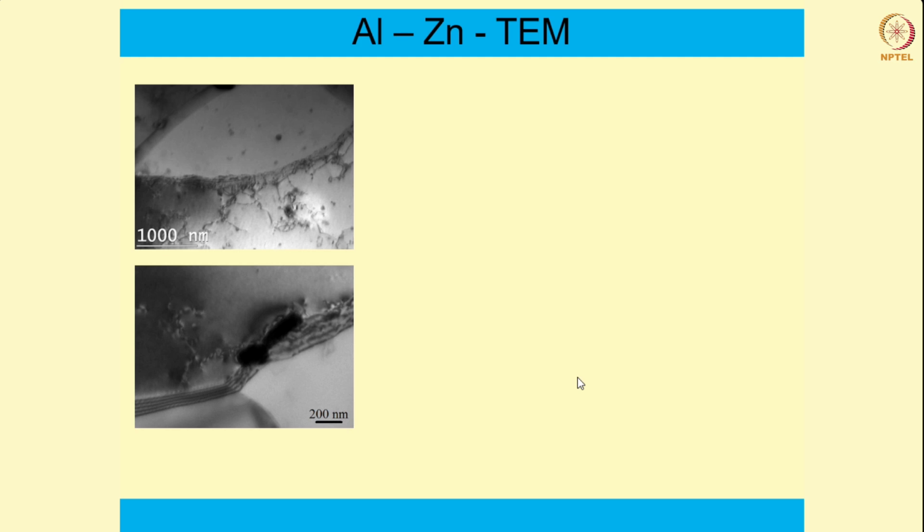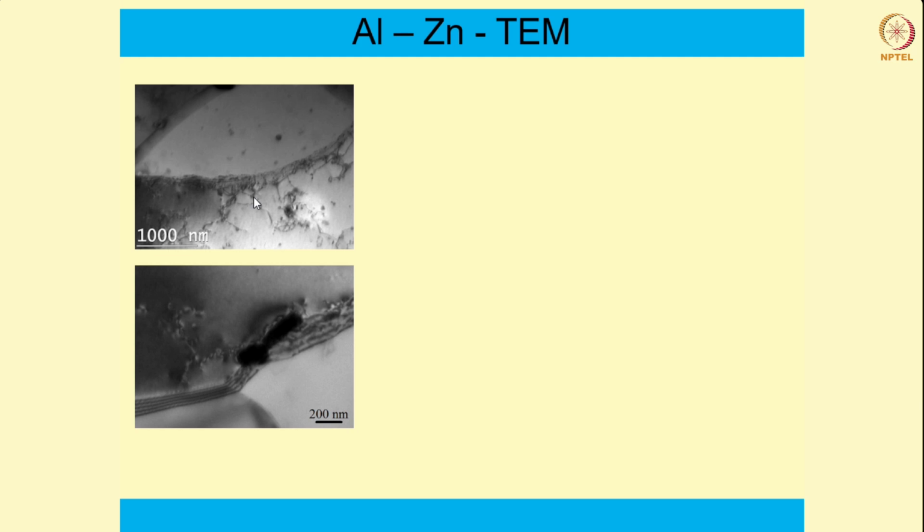Okay, whether it is a high angle boundary, a low angle boundary, or it is still in the subgrain boundary form. Okay, so here again I have chosen an aluminium based material, an aluminium zinc alloy, which was subjected to friction stir processing. Okay, so the severe plastic deformation that we are talking about here is FSP.